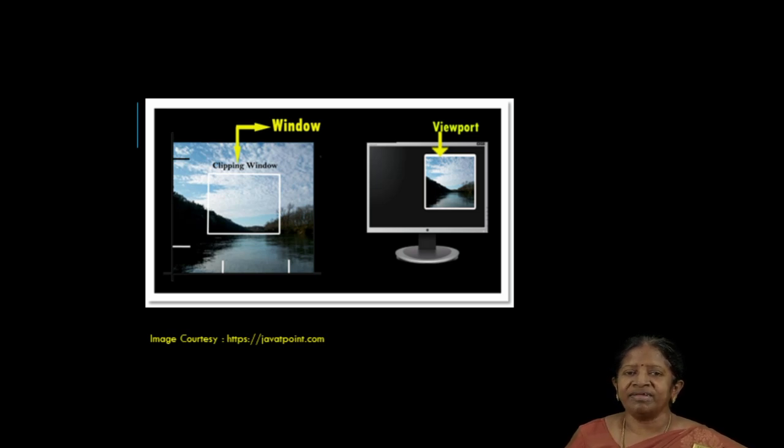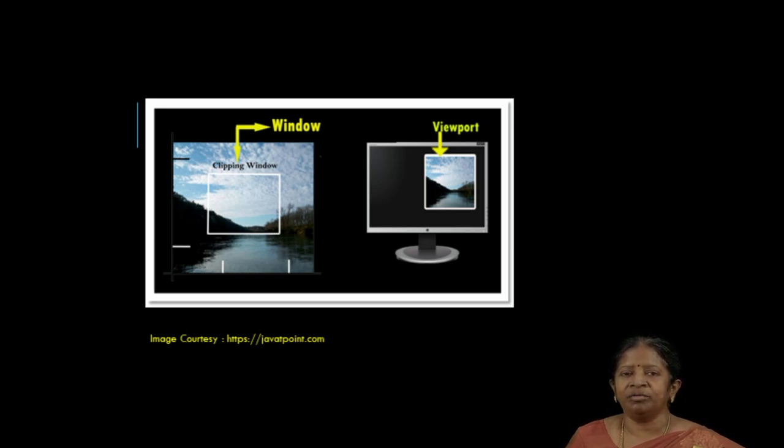If the viewport is the entire monitor screen, then the entire object will be displayed. Otherwise, inside a portion of the screen, the object which is enclosed within the window alone will be displayed.